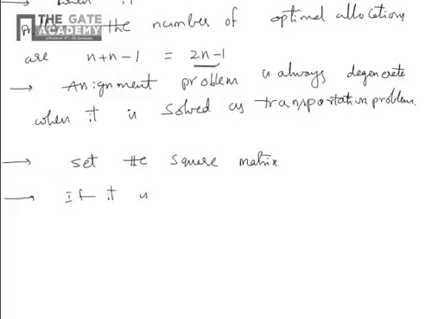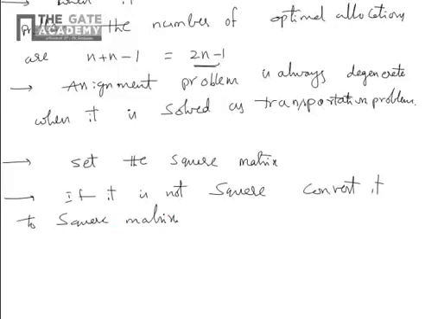If it is not square, convert it to a square matrix by adding dummy rows or columns.